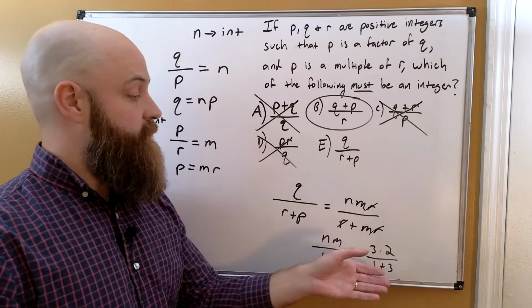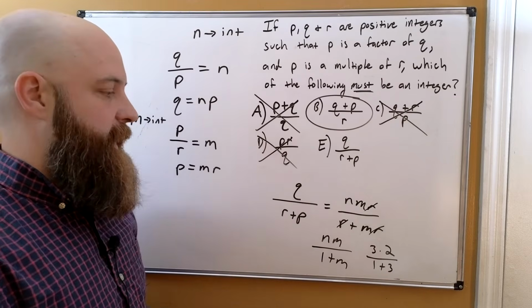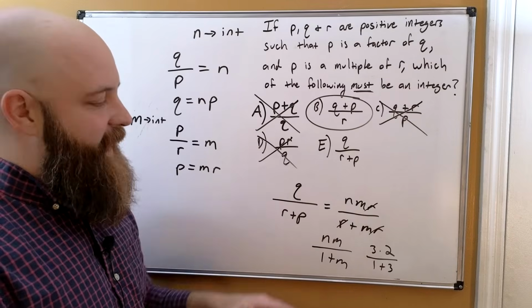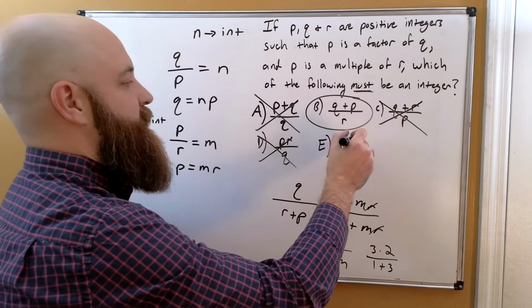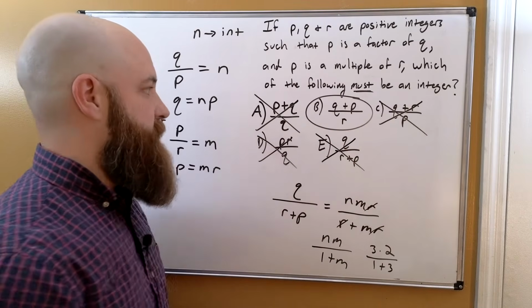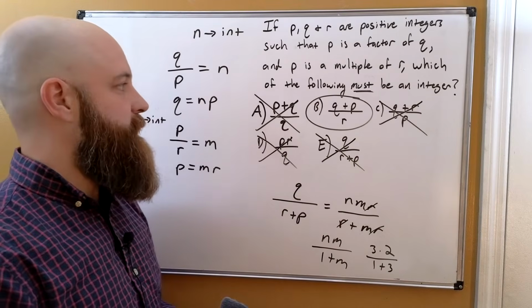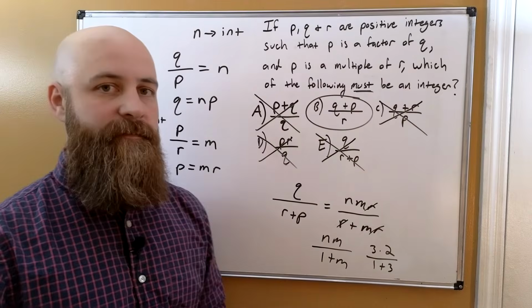So there's probably some ways that this could be an integer, but it doesn't have to be if M is 3 and N is 2. Anyway, I can pretty quickly find an example where it's not an integer. So E does not absolutely have to be an integer. So I confirmed C, D, and E. I can comfortably eliminate those. And again, that leaves me with the correct answer choice of B for this one.